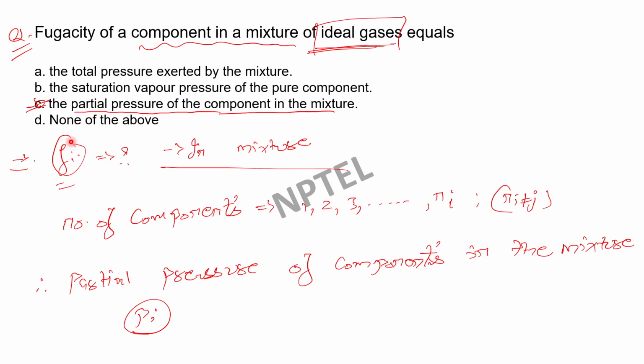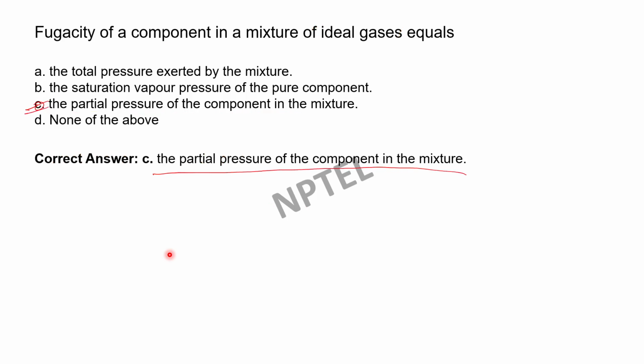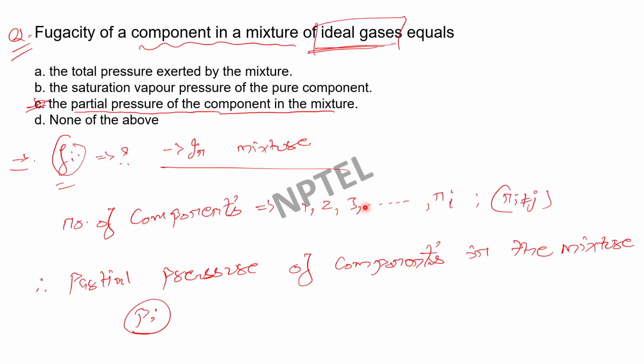Now this question: the fugacity of a component in a mixture of ideal gas equals to what? Like I've been discussing, if the number of components in the system are 1, 2, 3 and so on, the partial pressure of the component in a mixture is equal to the mole fraction of the component into the pressure.